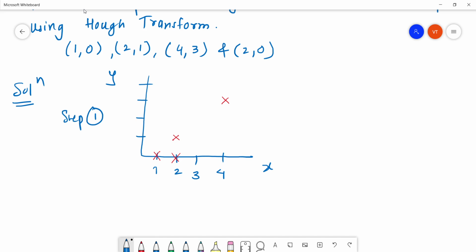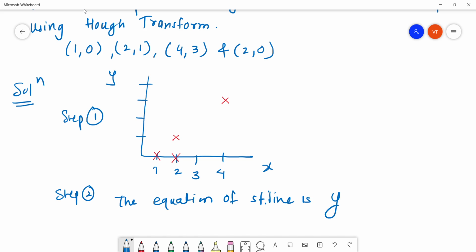Then you write step 2. The equation of a straight line is given by y equal to ax plus b.